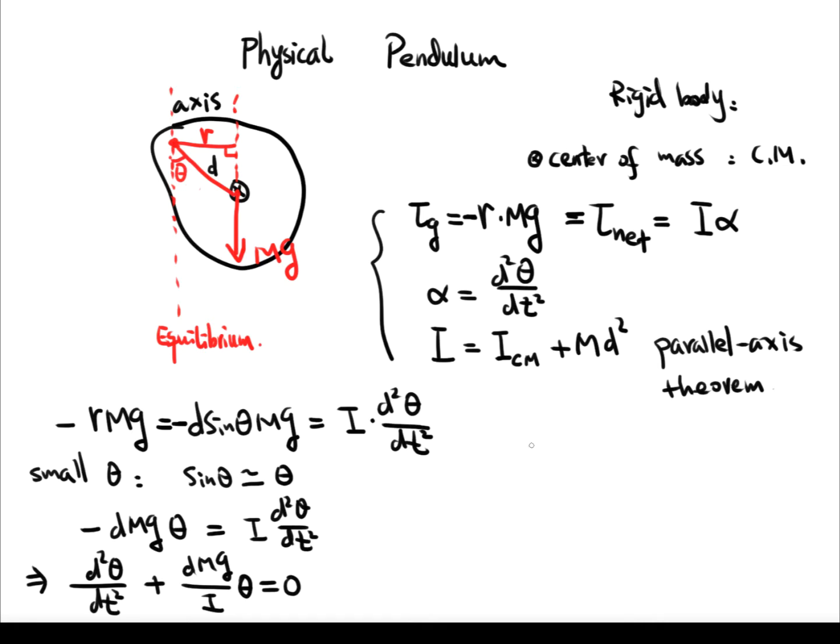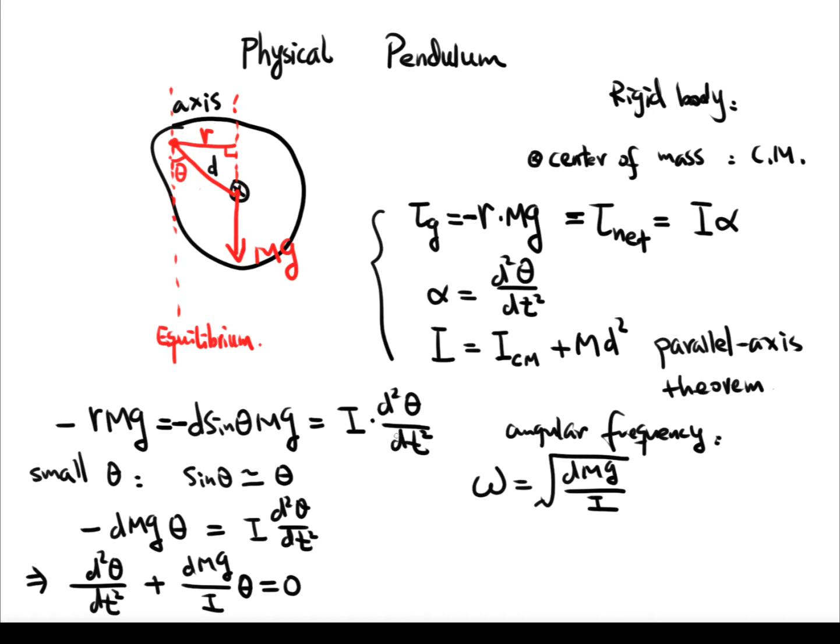So the angular frequency is given by omega equals the square root of d m g over I. That's the angular frequency for a general rigid body.